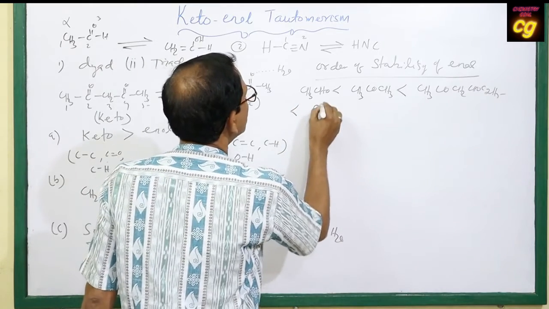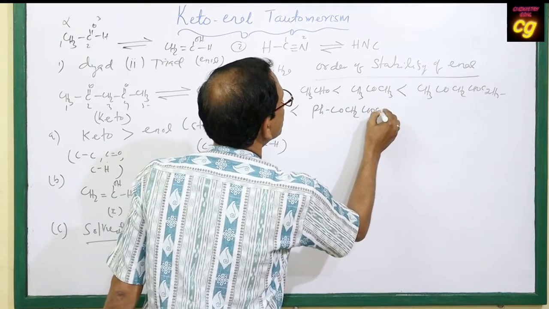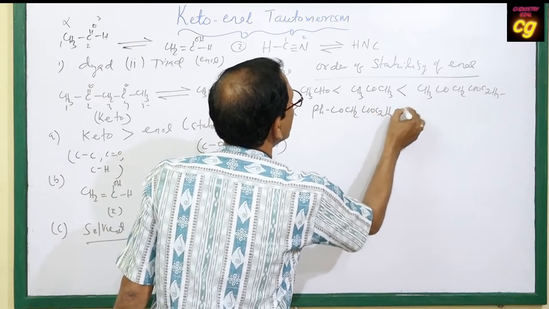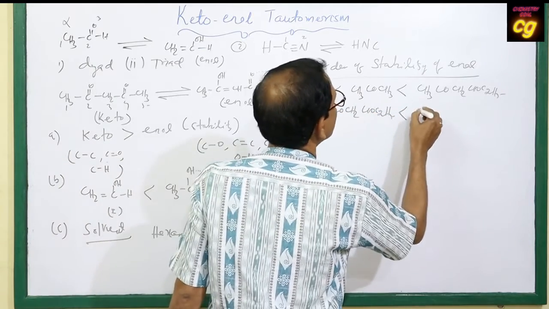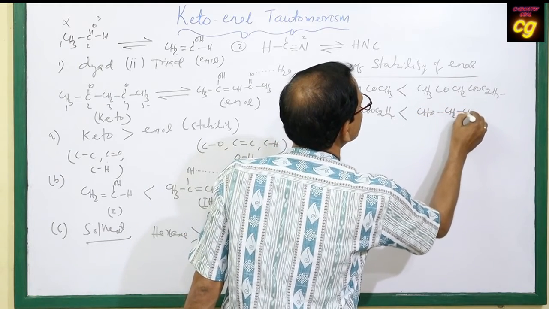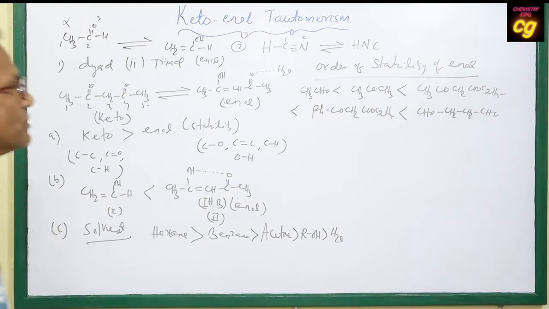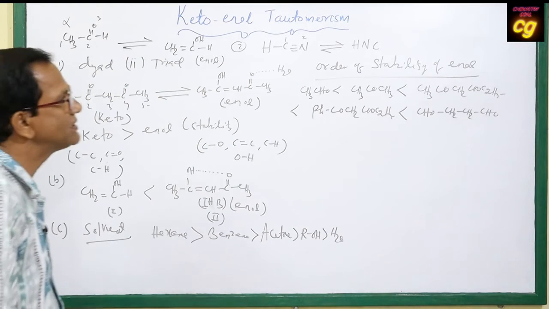If you use a phenyl group here, COCH2COC2H5 is less stable than the one with CHO. In this case also it is more stable, and this one also has increased stability.